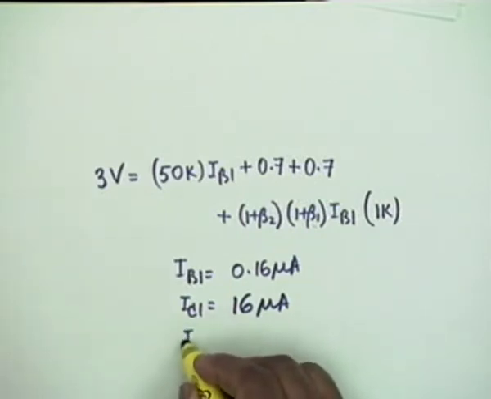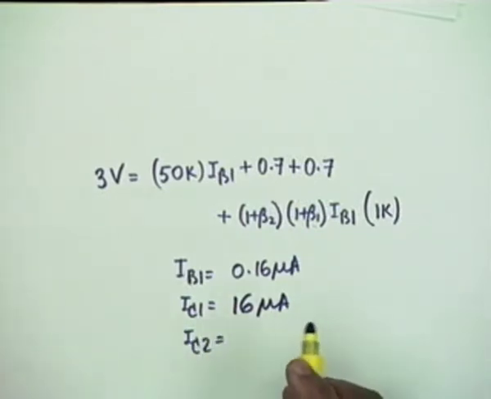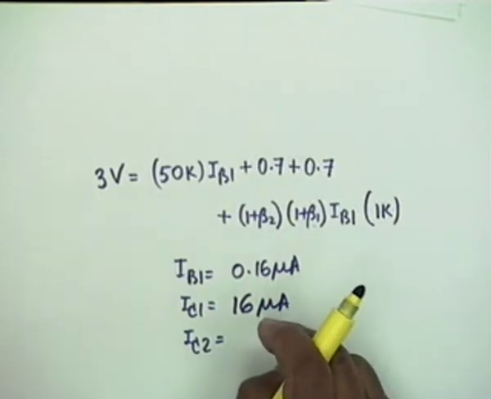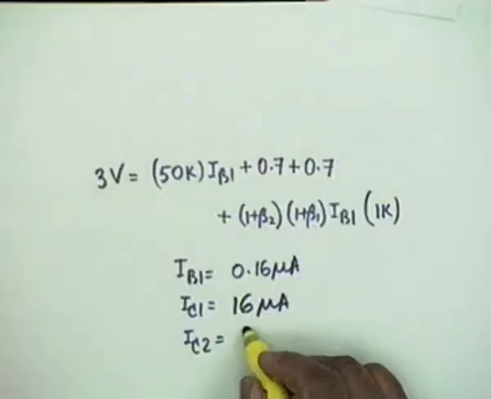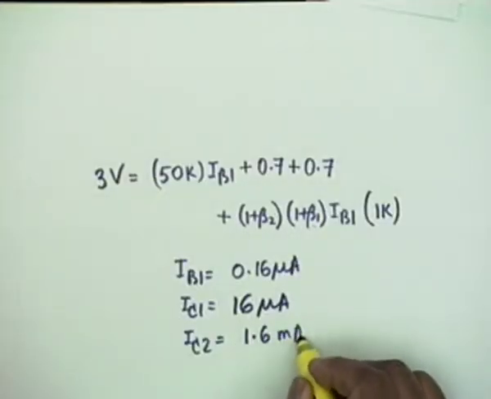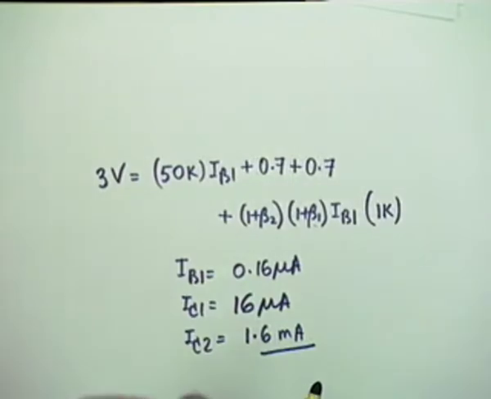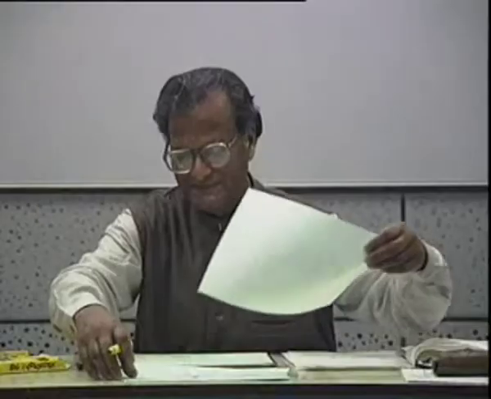And for IC2, I have not multiplied by 101, it would have been slightly different, I multiplied by 100. If I multiply this by 100, then this comes as 1.6 milliampere, and that is where the complete problem fails.